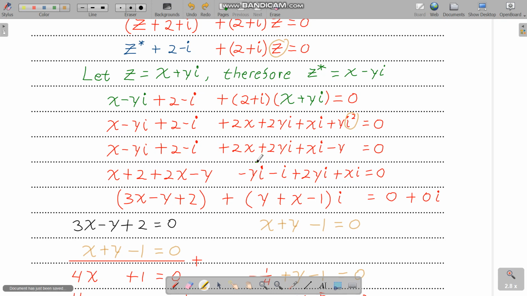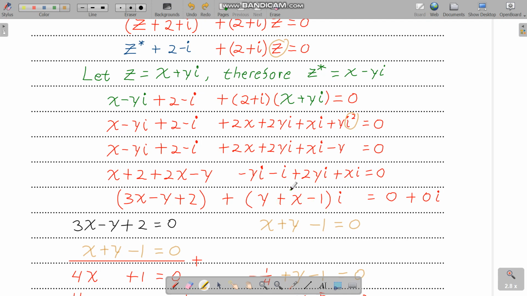So we can simplify X plus 2X is 3X, and we can simplify minus YI plus 2YI is just 1YI, so that's why we have 1YI, and this is minus 1I, so that's a minus 1, and plus XI, so this is plus XI.